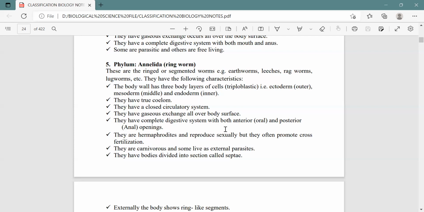And then they tell you, organism Y is likely to be: A, a roundworm, B, an earthworm or an annelid, C, a tapeworm.